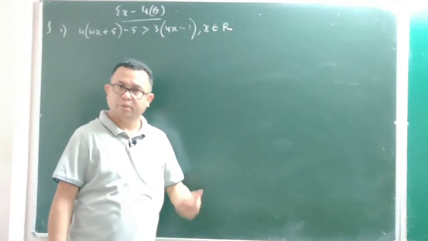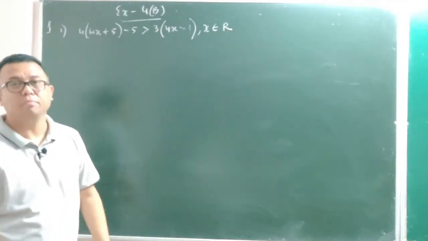R means real numbers, and you are also supposed to make a number line for this.